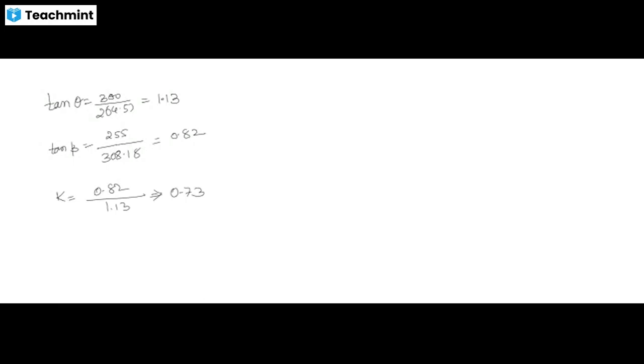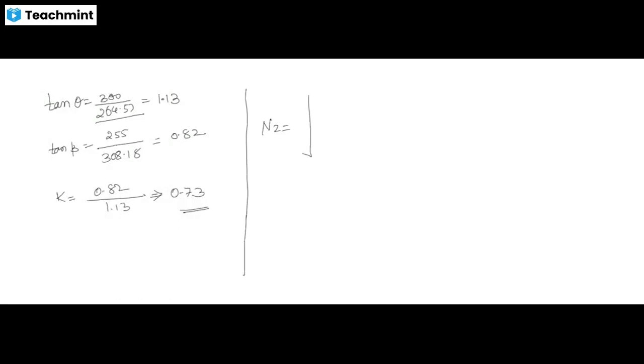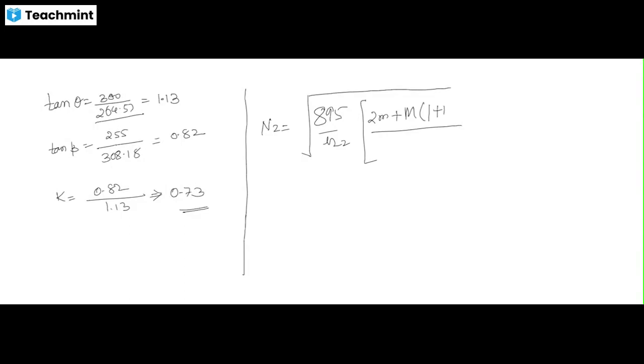Now with K equal to 0.73 and H2 equal to 264, let us find out what speed we get. N2 equals 895 divided by H2, in bracket, with F equal to 0, 2m plus capital M into 1 plus K, bracket close, divided by 2m.